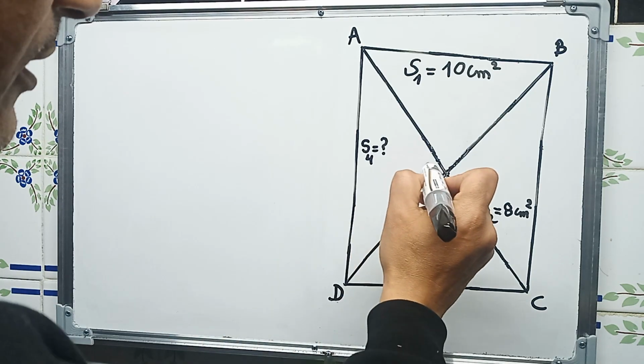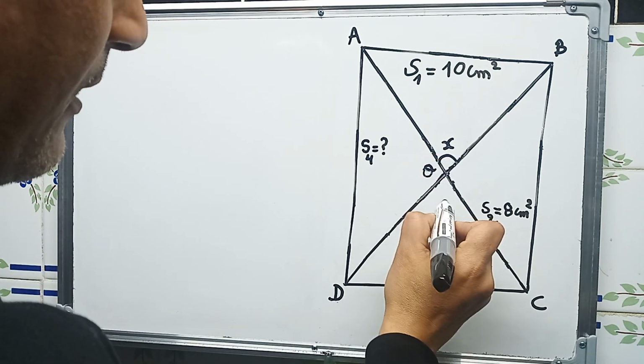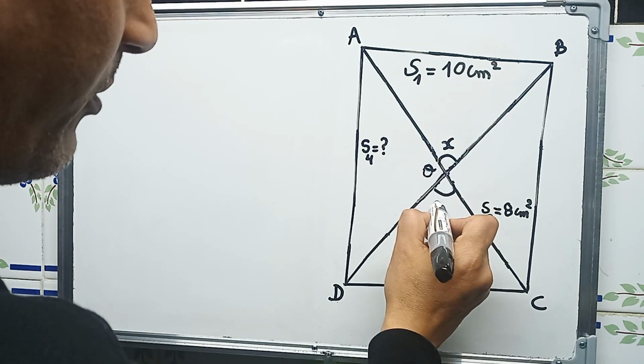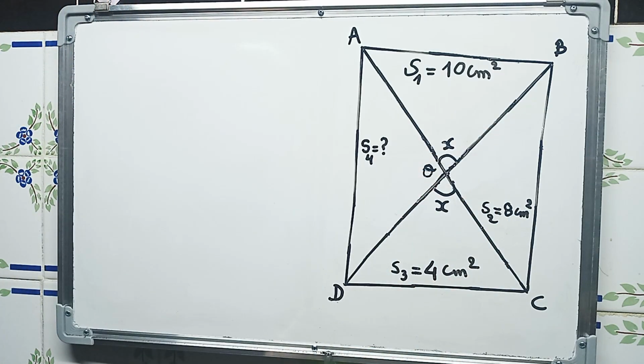The first thing is we will call this angle X, and here also will be X because those two angles are vertical.